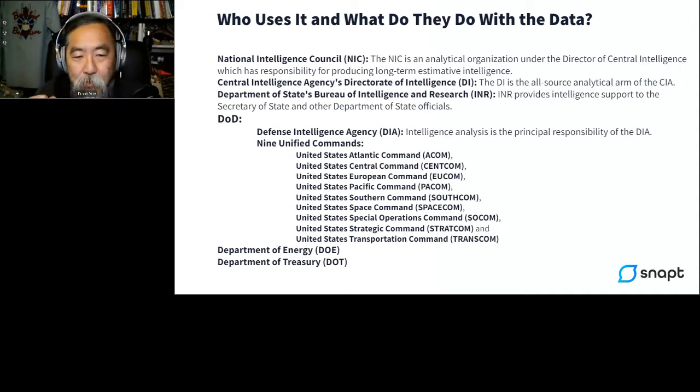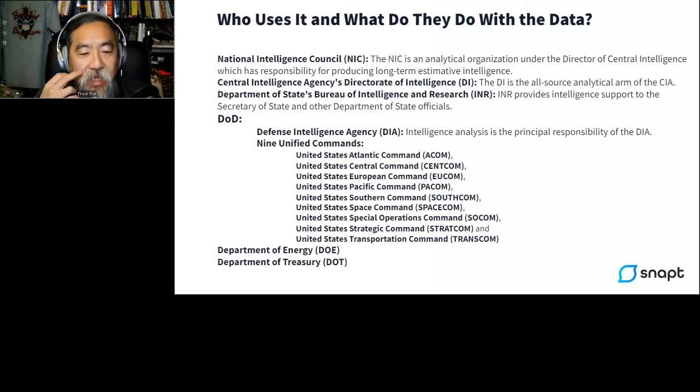And then within the Department of Defense, we have the Defense Intelligence Agency. Similar concept, they are doing the analysis of all this data. So all this information coming from all these sources, as well as the different military branches, then gets accumulated and processed. And within that, you have it on a regional basis.